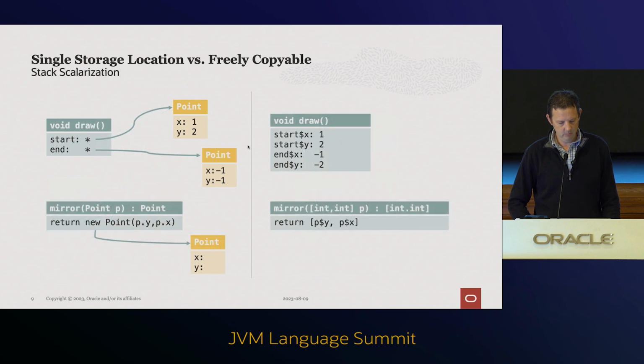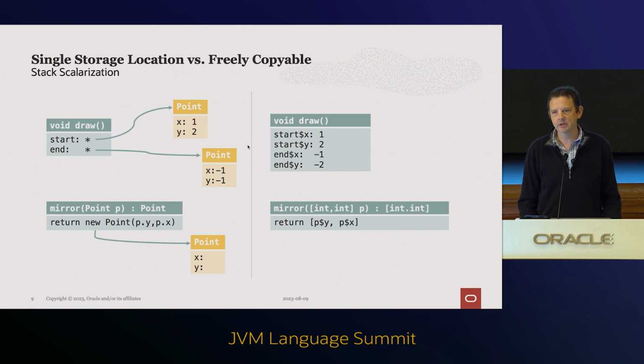Another thing that we could do if we had more primitive-like objects is stack scalarization. So here I have a couple of methods. Within the draw method, it's got a couple of variables, and your local variables are also pointers off to the heap somewhere. Whereas it would be nice if that start variable on the right-hand side is just the x and y. It sort of gets flattened out into the x and y's.